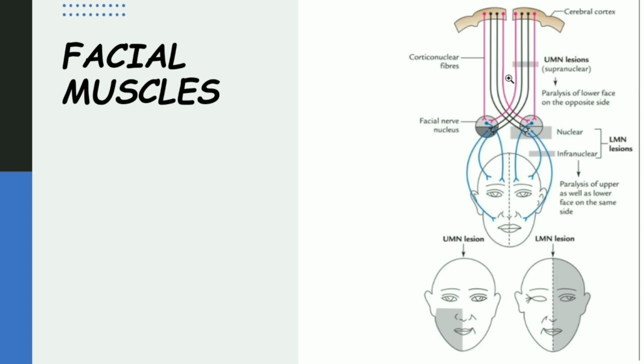So we get a contralateral paralysis, in which the lower half of the face is damaged because it is innervated only by the fibers of the opposite side, while the upper half is innervated by fibers from the same side as well as the opposite side. That is the difference. How about a lower motor neuron lesion?